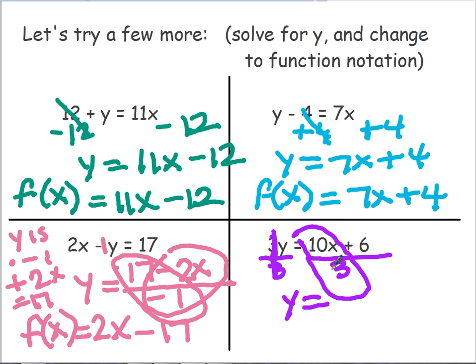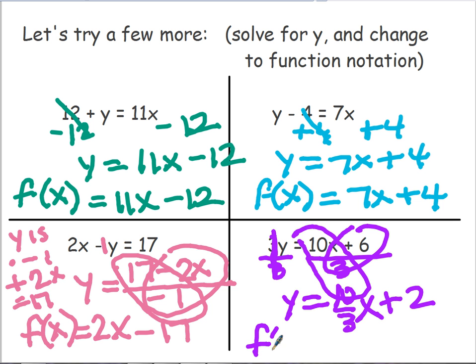I can't simplify a 10 divided by 3, so I leave it as 10 thirds x. And 6 divided by 3 gives me a positive 2. Now that I have this simplified, I can change it into function notation. F of x equals 10 thirds x plus 2.